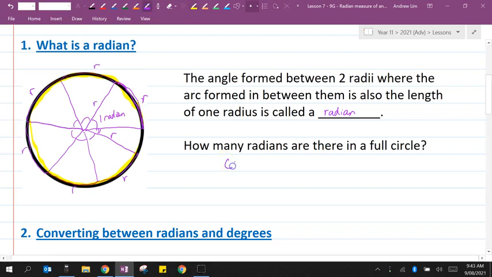The circumference of a circle is 2 pi r, 2 times pi times the radius. That's how many radii are in the circumference of a circle: 2 pi radii. Therefore, there has to be 2 pi radians in a full circle.